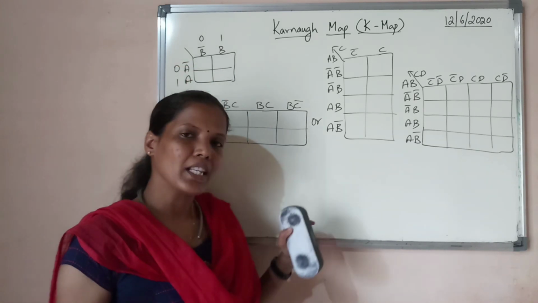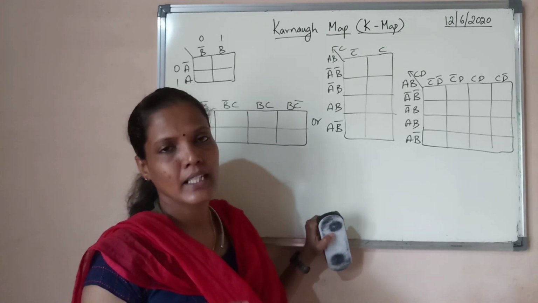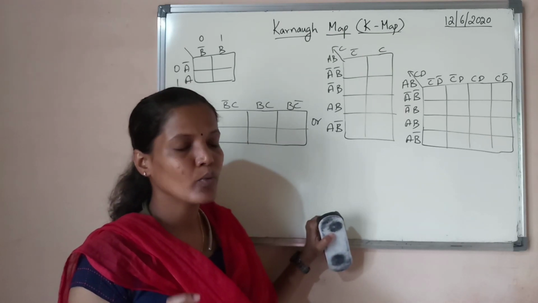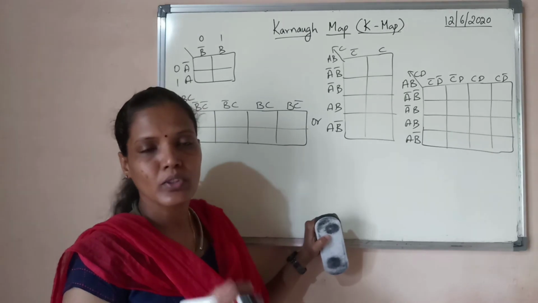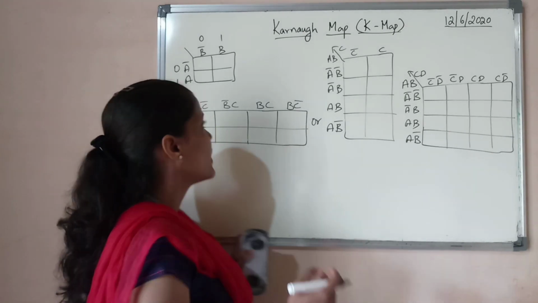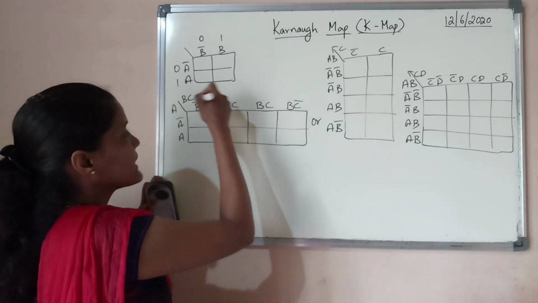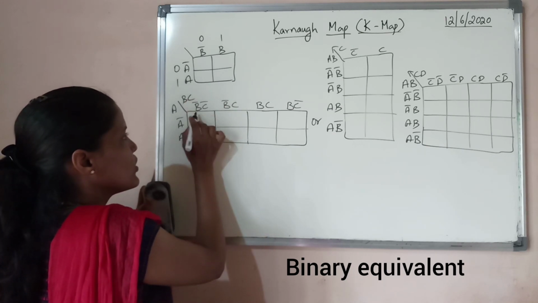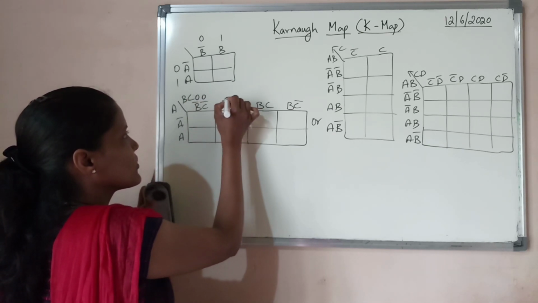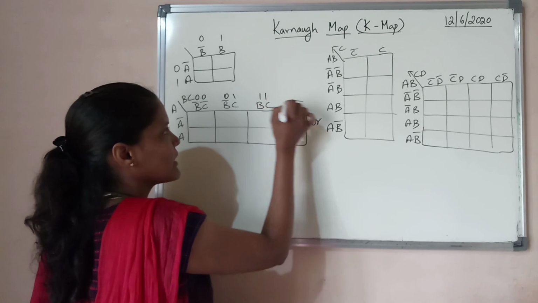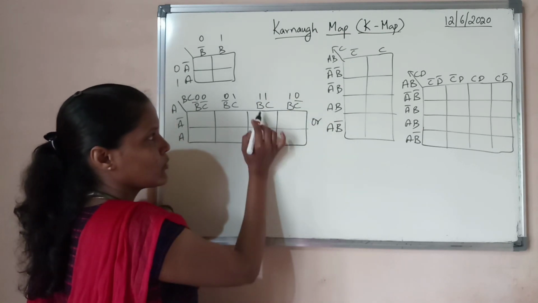We can also number the cells, which will be easier for us to simplify the Boolean expressions. How to number that? Before that, let us write these decimal equivalents. Both the values are 0, 0, 0, 0, 1, 1, 1, 1, 0. 1, 1 why?